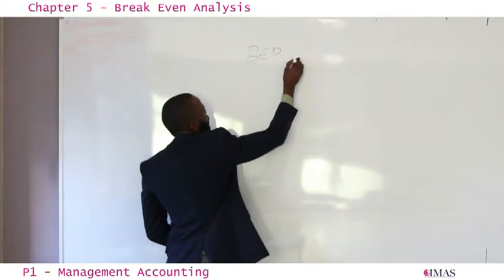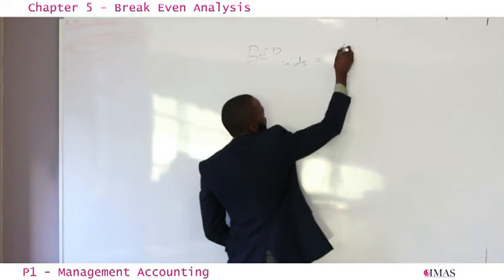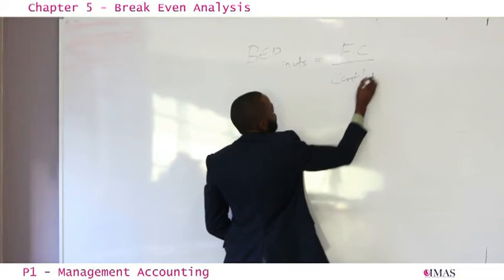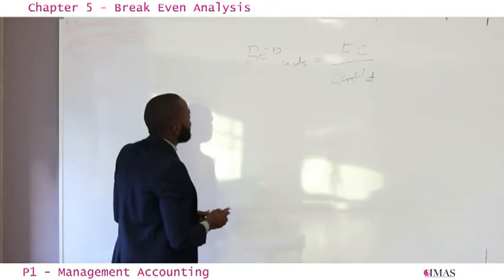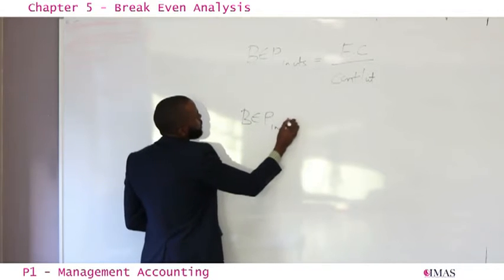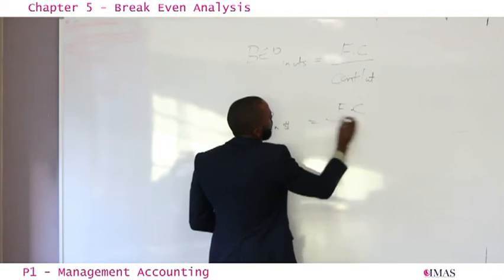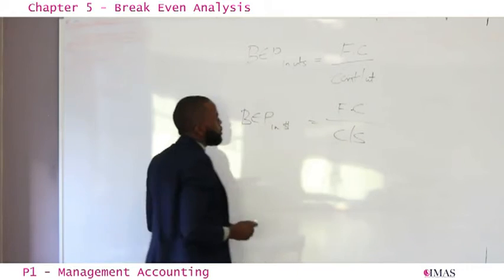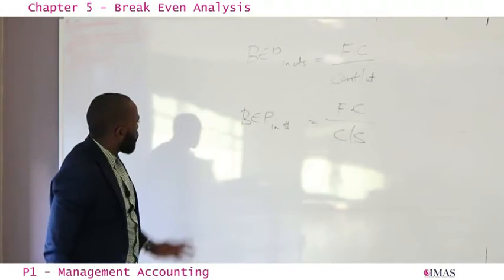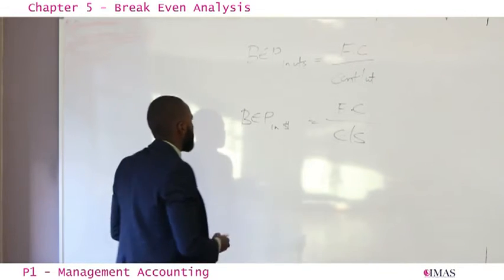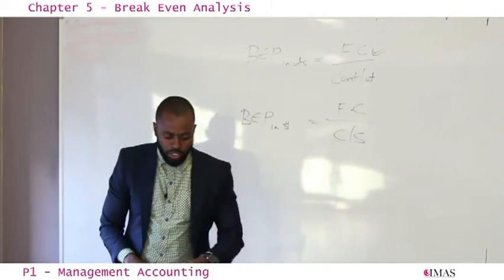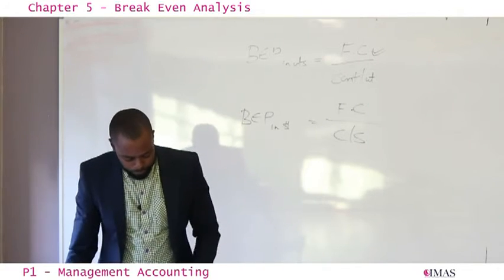Our break-even point in units, we know that it's fixed cost divided by contribution per unit. Another formula that has this, it's again our break-even point in dollars. It's fixed cost divided by our contribution to sales ratio. So any one of those formulas will help me to get the fixed cost. But first you just have to read the question and see what you are given.